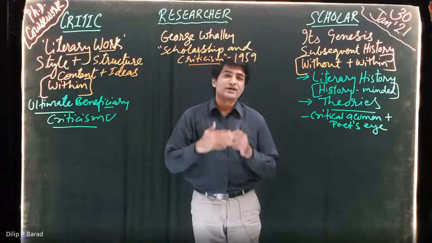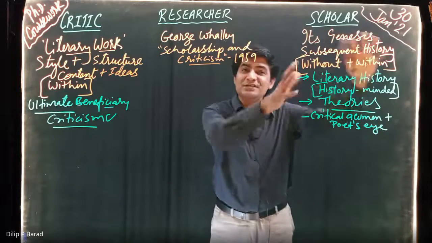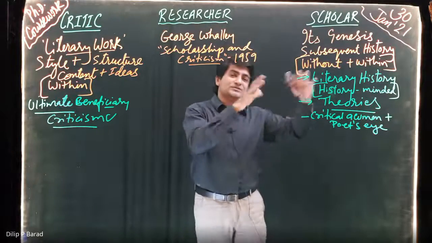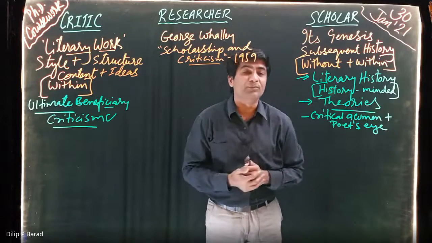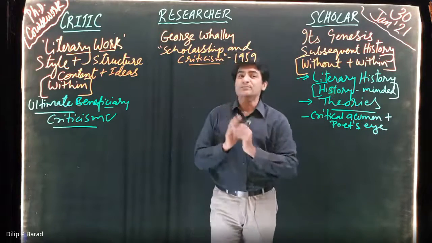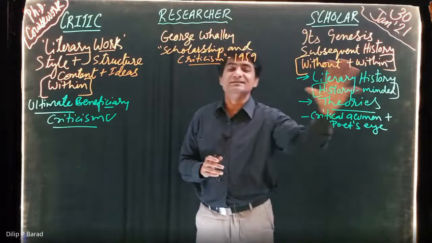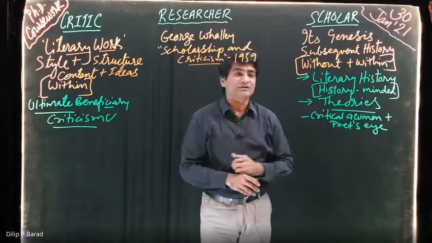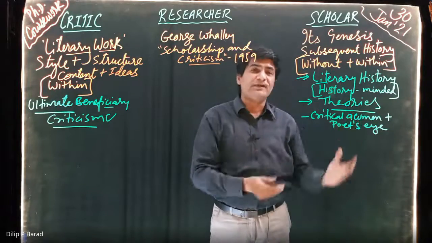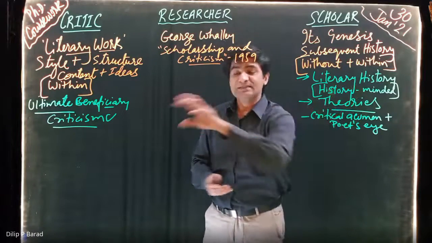Now, what we have to begin from is the genesis. We have to begin from the historical perspective, and there the text becomes something important. So text is not a very important thing. What is important is how we see things in a larger historical context or larger theoretical framework. That is more important, and therein the text comes.